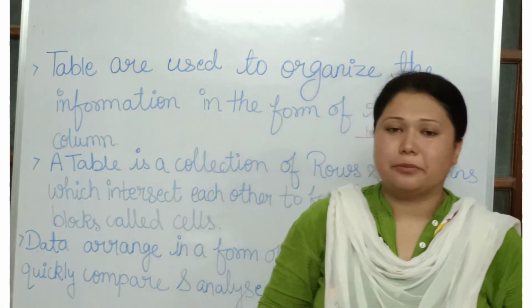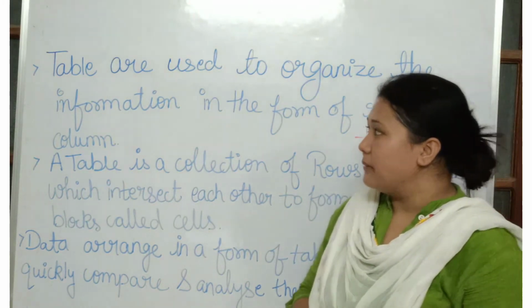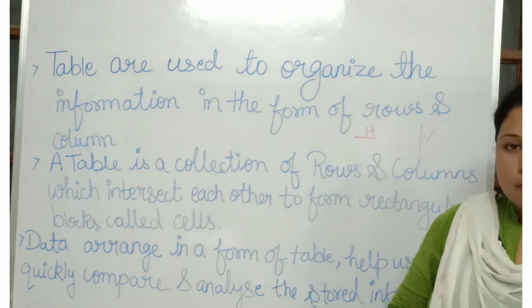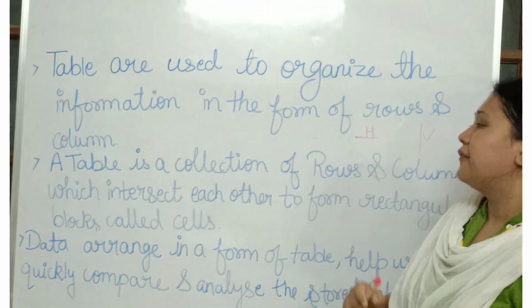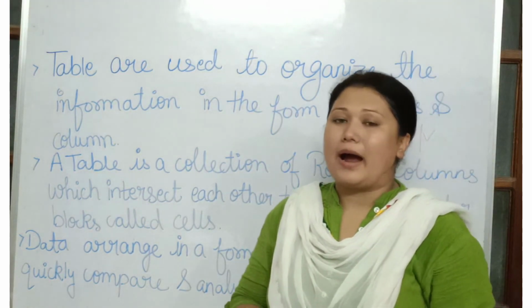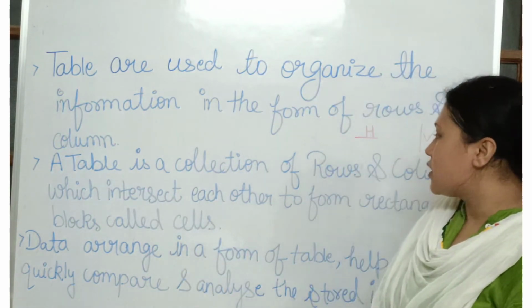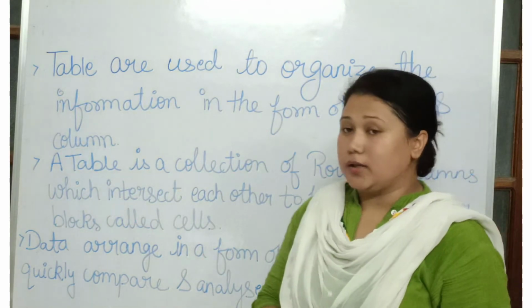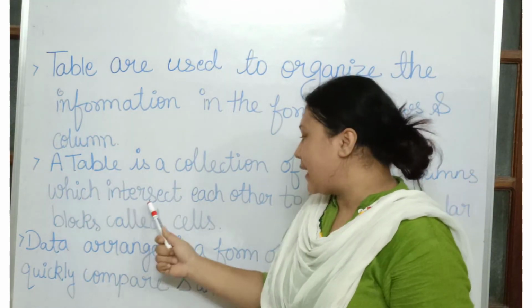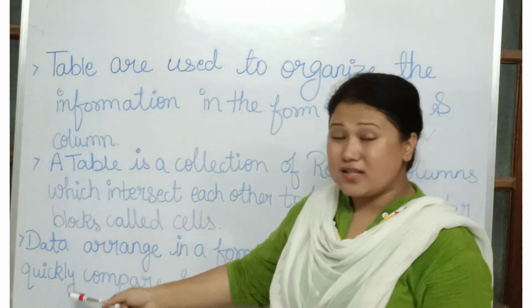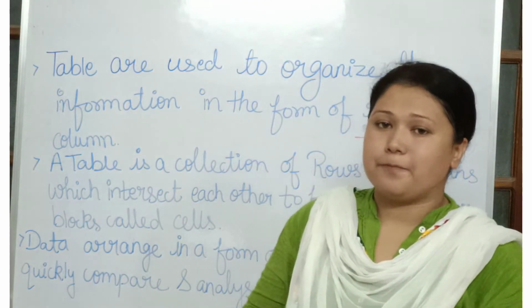What is a table? Tables are used to organize information in the form of rows and columns. A table is a collection of rows and columns which intersect each other to form rectangular blocks called cells.